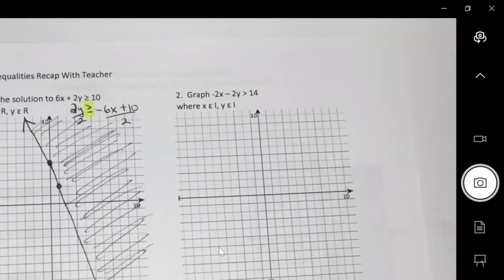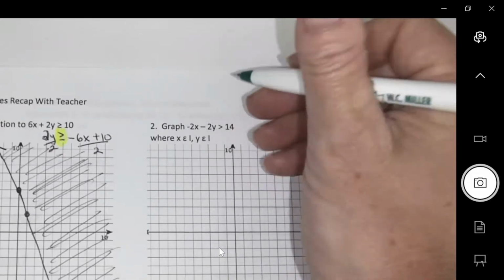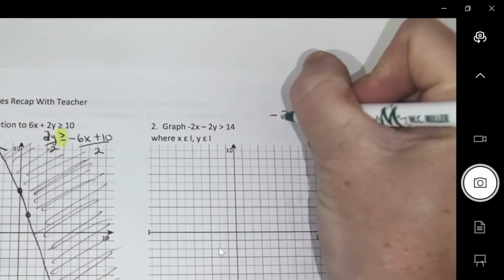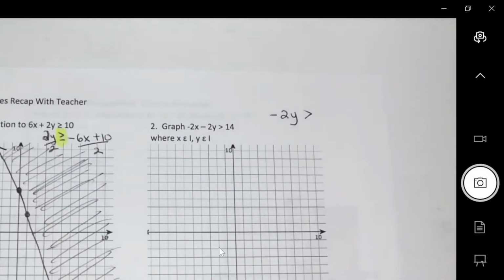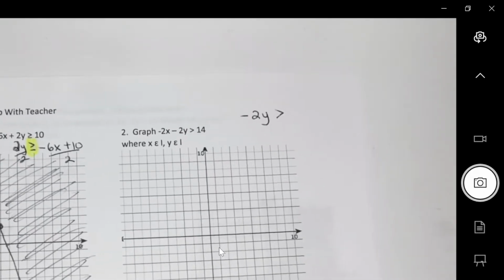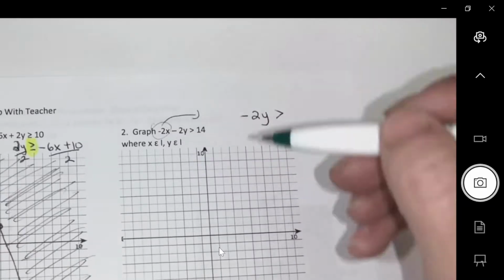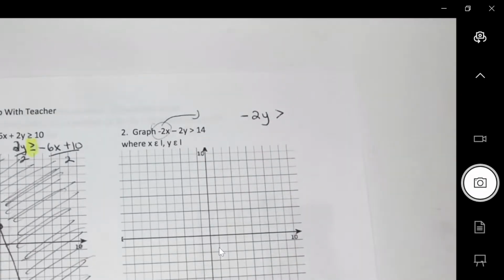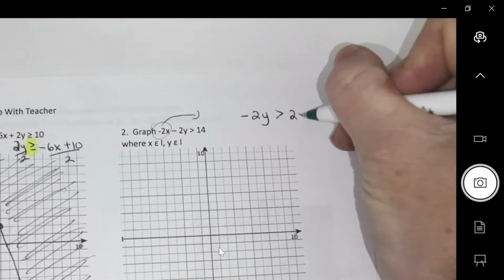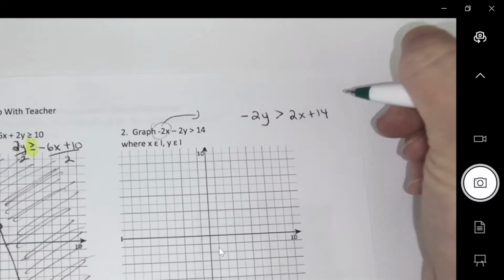Okay, next one. Okay, I'm going to keep negative 2y. That will have to move. So 2x plus 14.